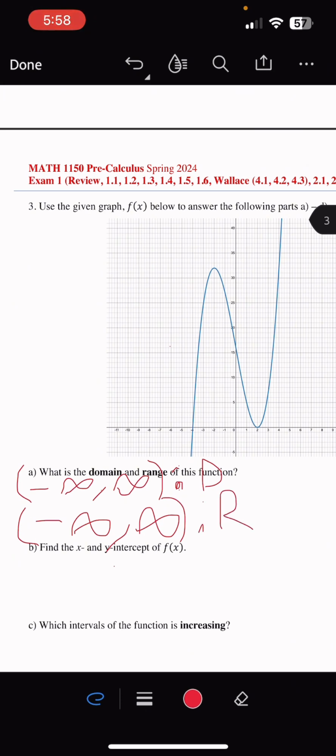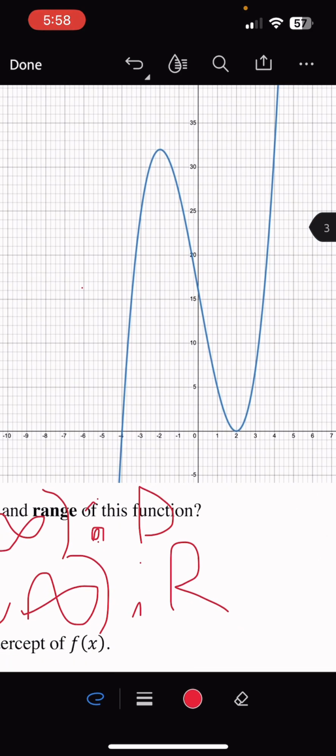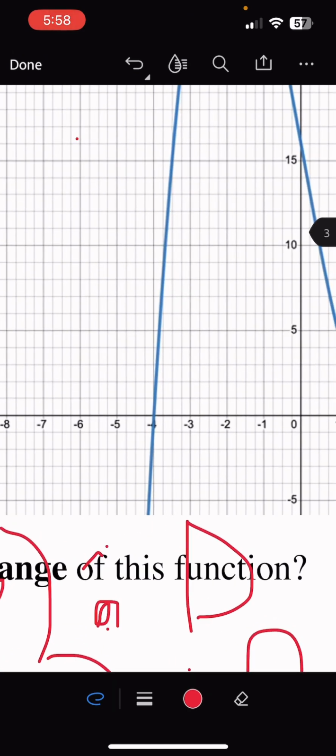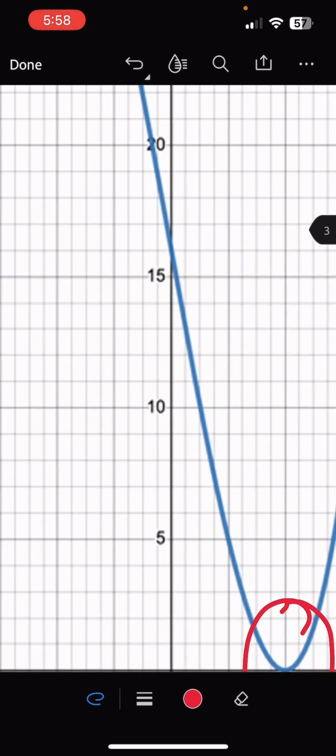And then it asks to find the x and y intercepts. So the x-intercept is whenever the line intercepts or crosses over or touches on the x, which is going to be from left to right, or the y, which is going to be top to bottom. So as you can see, there's an x-intercept here, an x-intercept here, and then there's a y-intercept here.